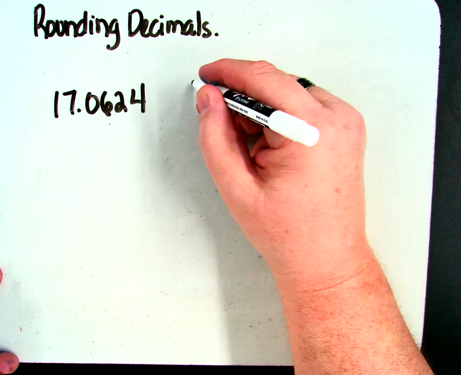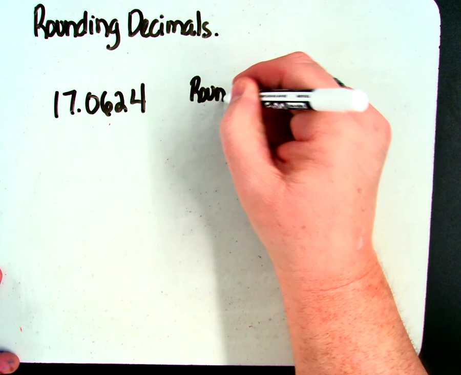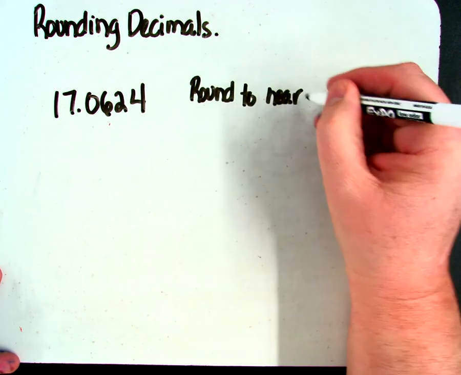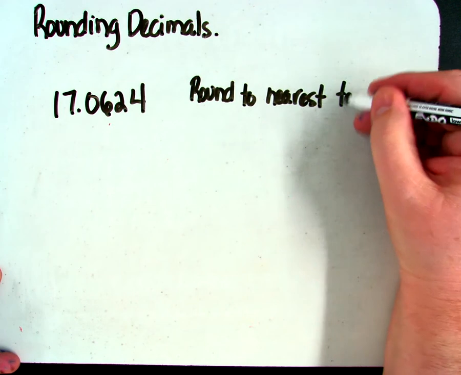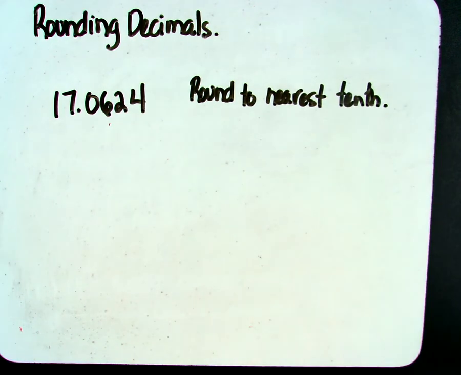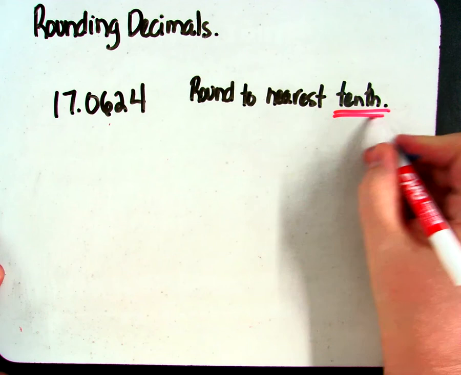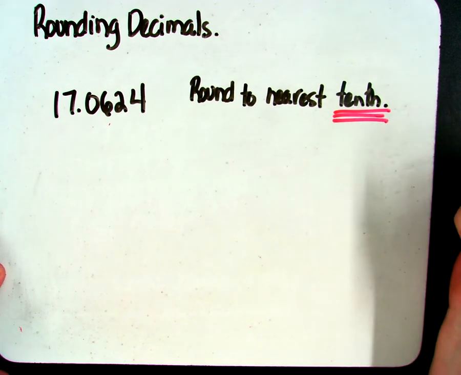And let's say I wanted you to round this number to the nearest tenth. Okay, when we are rounding decimals, the first thing that I would suggest that you do is underline the number that's in this particular position.